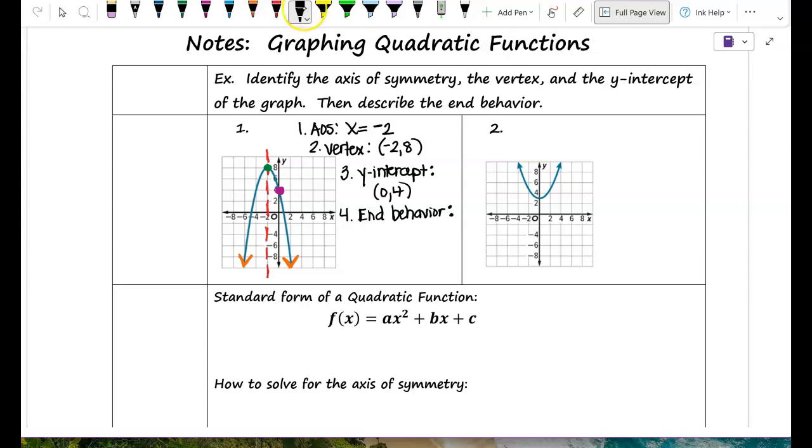So what we would say is on the left, the function is falling. On the right, the function is falling.